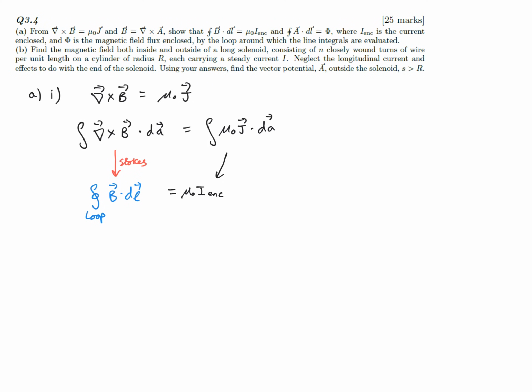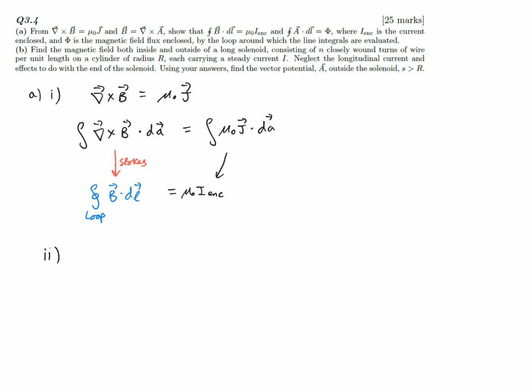What about the second part of the question? We're told that the magnetic field is related to the curl of the vector potential, and from this, supposedly, we should be able to show that the line integral of the vector potential is equal to the magnetic field flux. So actually this is basically the same calculation.